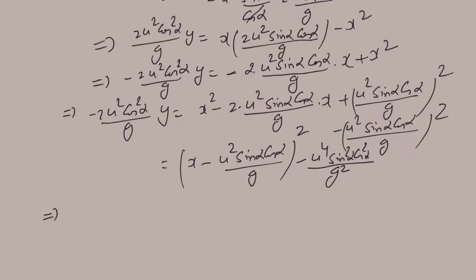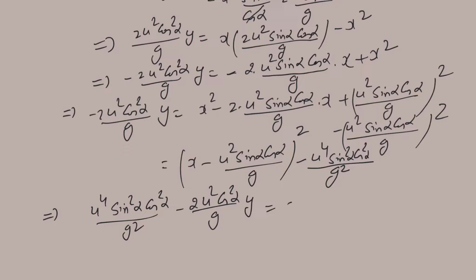This further implies that now transposing this, taking this into left hand side, we'll get u4 sine square alpha cos square alpha by g square minus 2u square cos square alpha by g y is equal to x minus u square sin alpha cos alpha by g whole square.